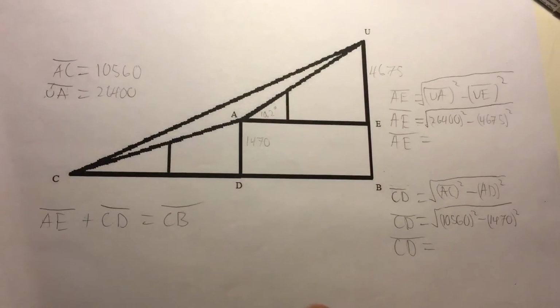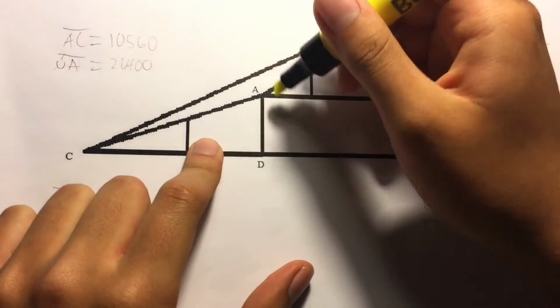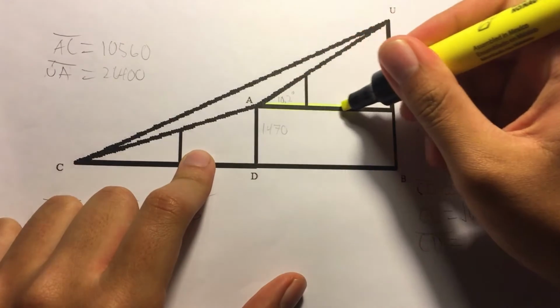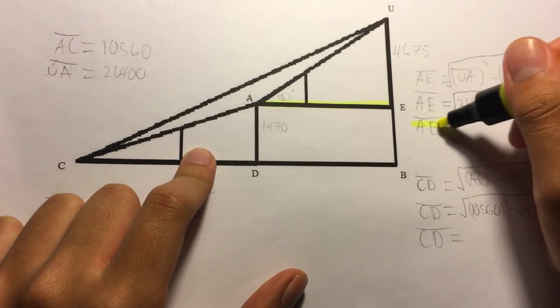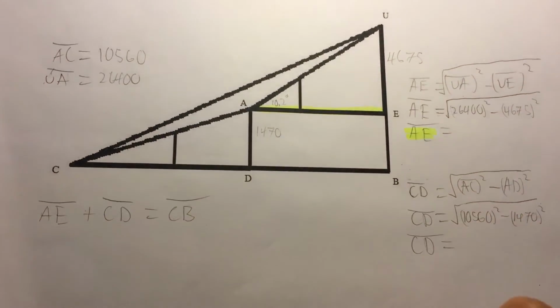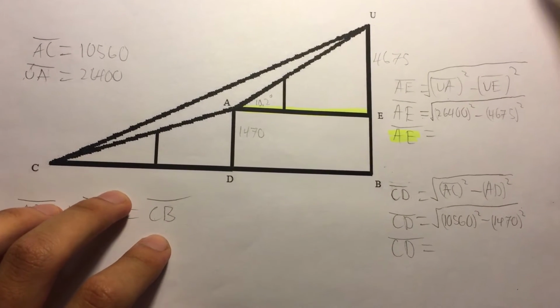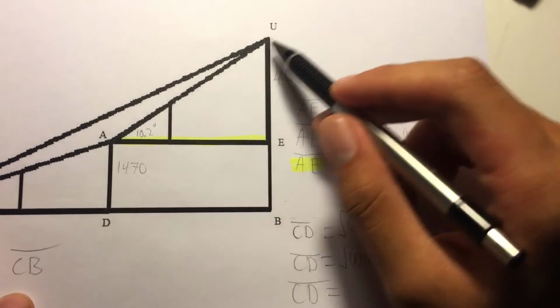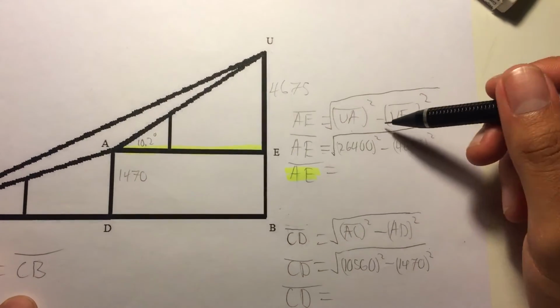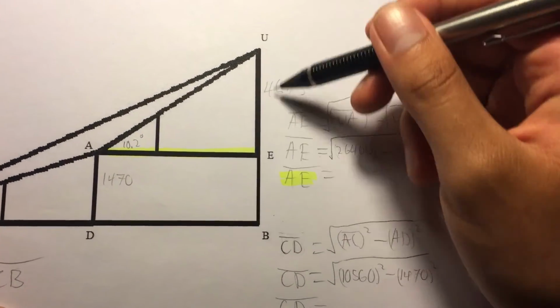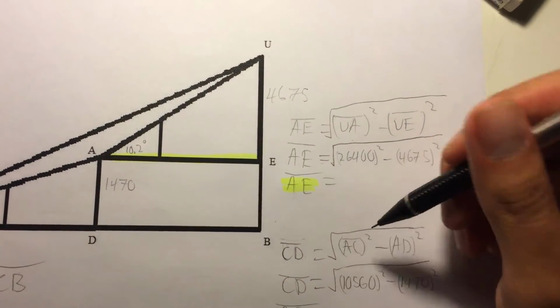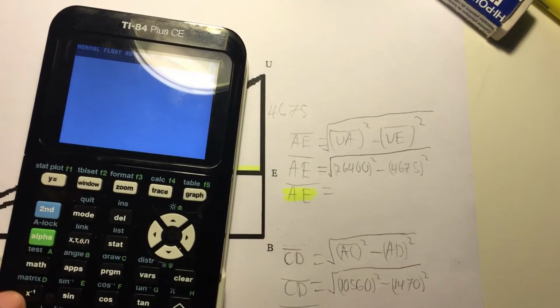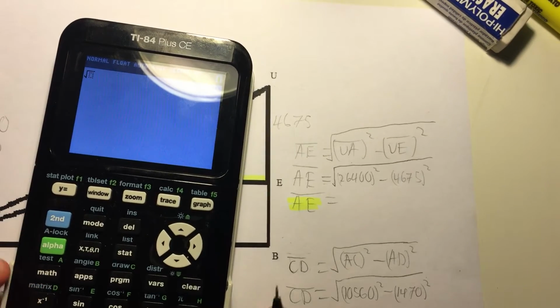Okay, so first things first, we're going to find line segment AE, which is about here, and then here's what we're really looking for. So what I'm going to do is use the Pythagorean theorem. You could see UA squared, which is the hypotenuse, subtracted by the other leg of UE squared, and you substitute the values and you plug it into the calculator.